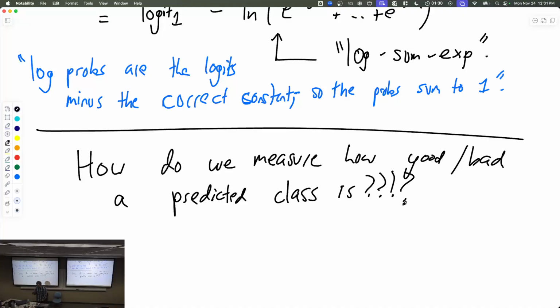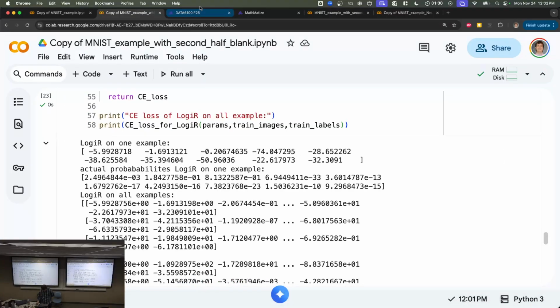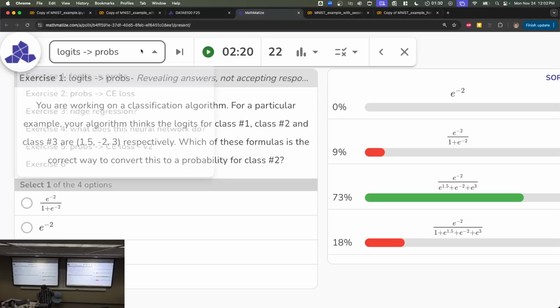If you are running in automatic mode and you don't worry about this issue, then you have not understood data science. This is the core element of the course: we have a method to measure how good or bad our predictions are, and we optimize according to that. What is the method to do this? I have the mathematize here to let you tell me how much you know or don't know.